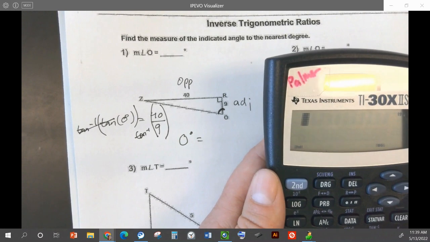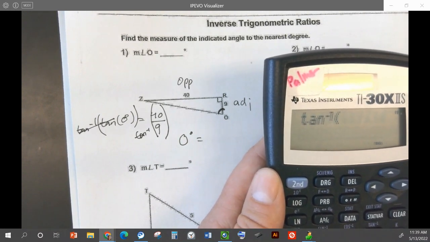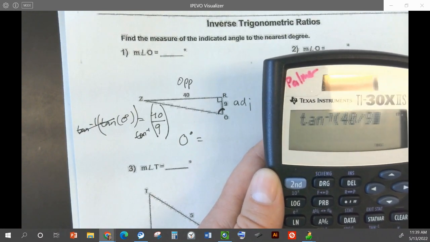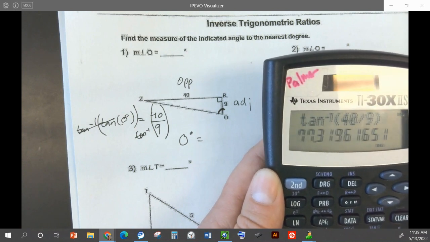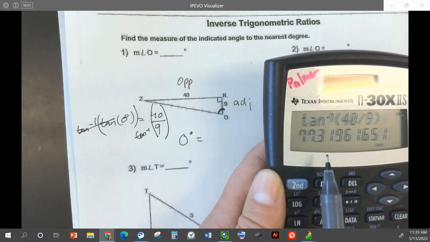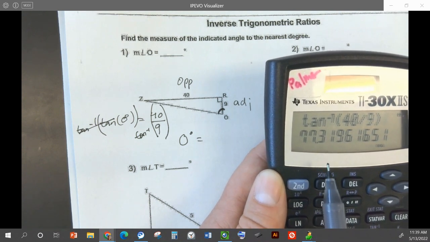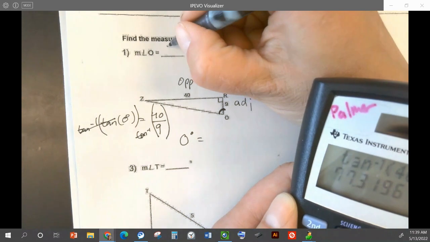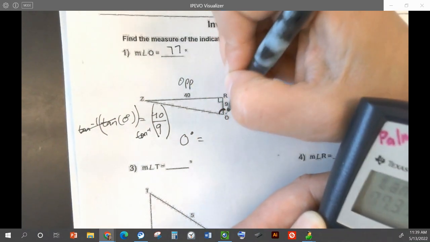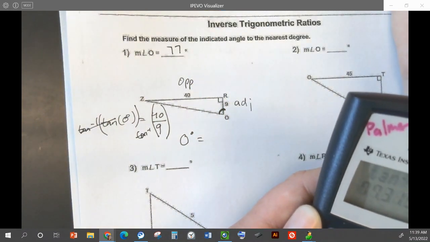So second tangent, so tangent inverse of 40 divided by 9, end parenthesis, gives me 77.3. 3 is less than 5, so we're going to round down to 77. So 77 degrees is the measure of angle O.